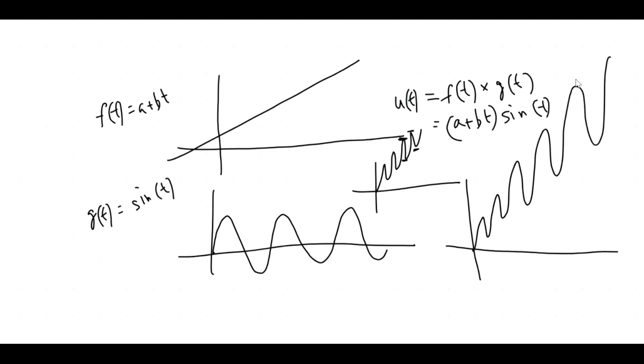Now in this case, it still has a very clear-cut trend. That is all right. But at the same time, the amplitude of oscillation is also increasing. So it is not an additive model, it is a multiplicative model.